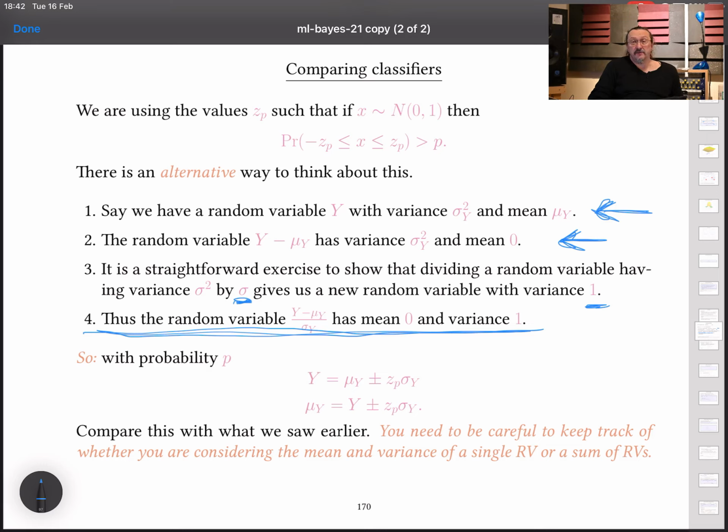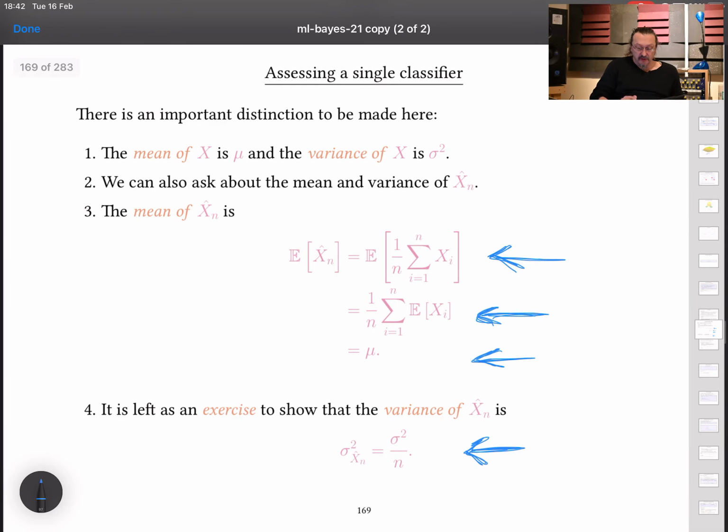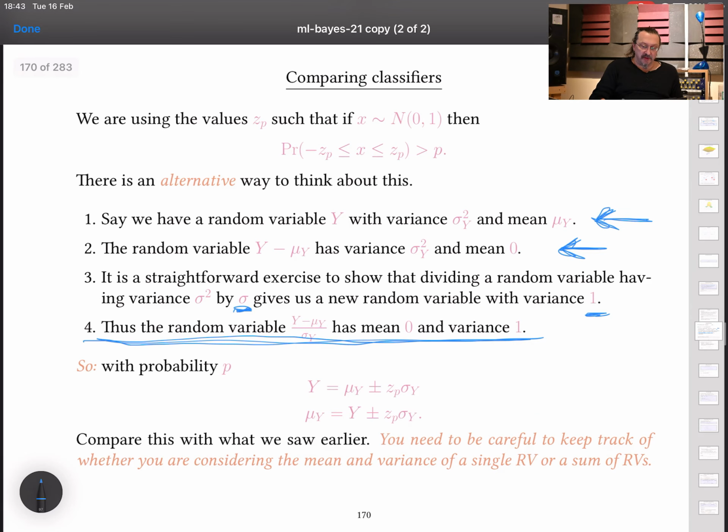But that's a slightly different result to the one that we were talking about recently, because the variance of y appears in there rather than the variance that corresponds to the measured average that we were using earlier. Okay, so you do need to be a little bit careful. The manipulations are practically identical, but you need to be keeping track of whether you're dealing with a single random variable or a sum of them.